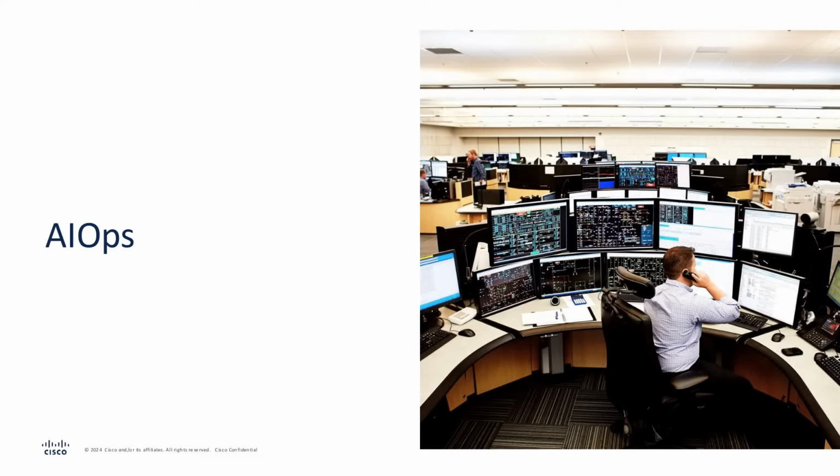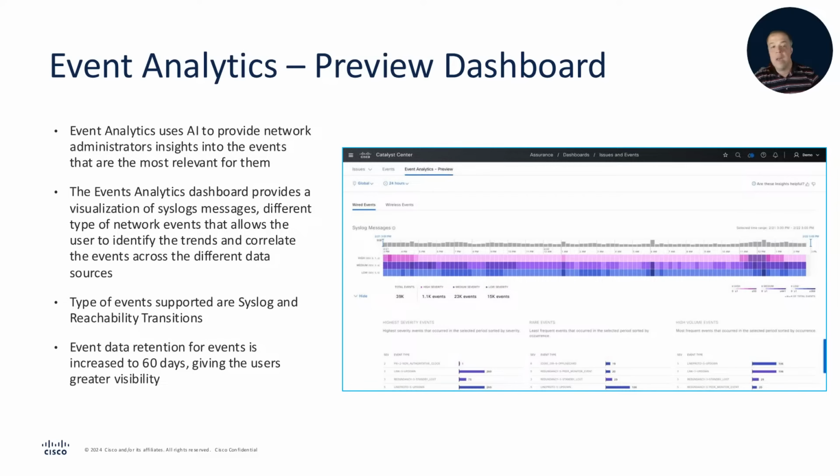All right, so let's move on to the AI Ops persona. The event analytics dashboard is in place now to replace the chronological listing. And again, this is something that you've probably seen already, but it bears repeating just to make sure.